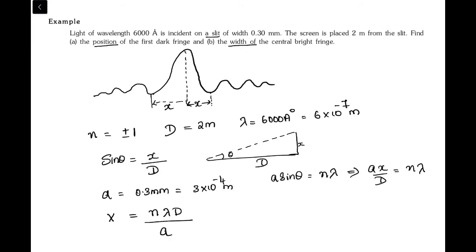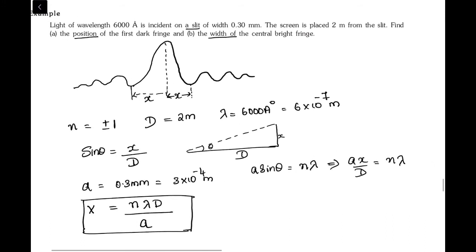Here in diffraction we use the condition x equal to n lambda D by a for calculating the position of the dark fringe.